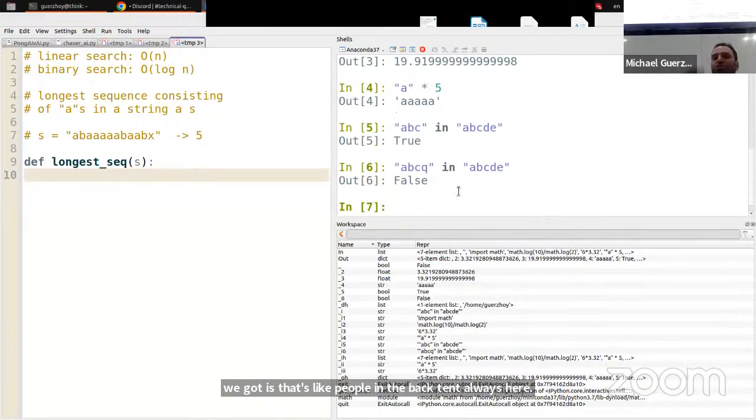And ABCQ would not be in ABCD, so that's false. So what I'm going to do is try the longest possible sequence of A's and see if it's in the string, and then the second longest and so on.